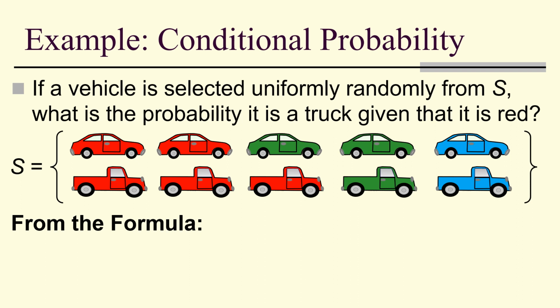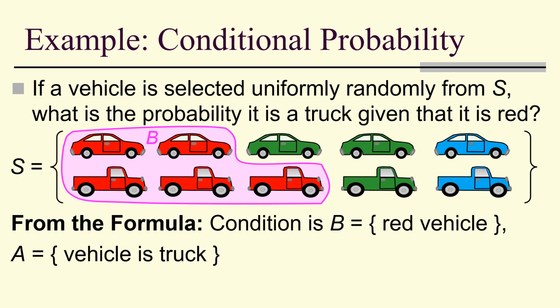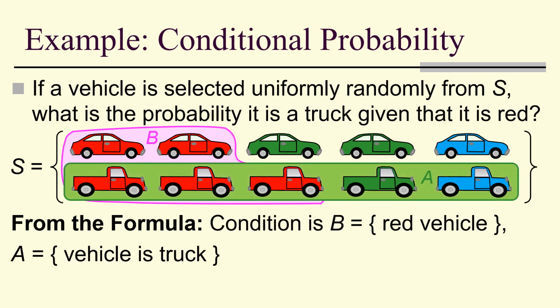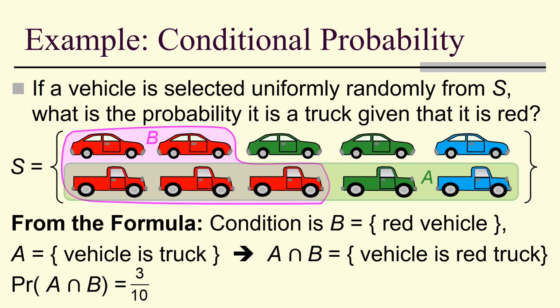So let's do this from the formula. Our condition is that B is a red vehicle. Our A is that the vehicle is a truck. Their intersection is that the vehicle is a red truck. The probability of a vehicle being a red truck, there are 3 of those out of the 10 total.